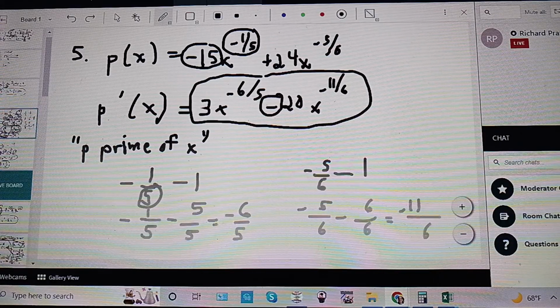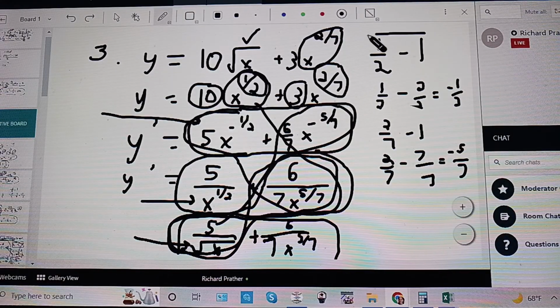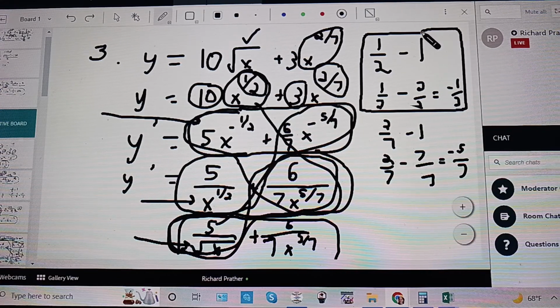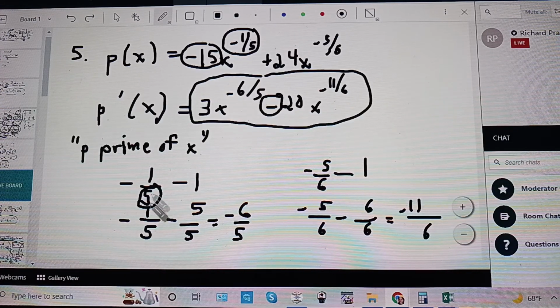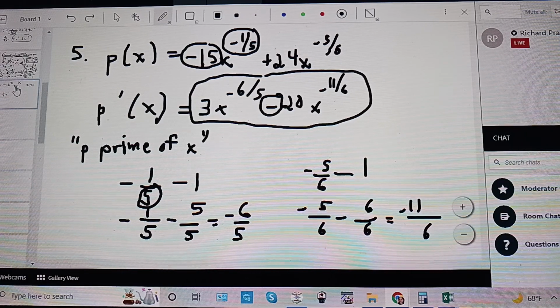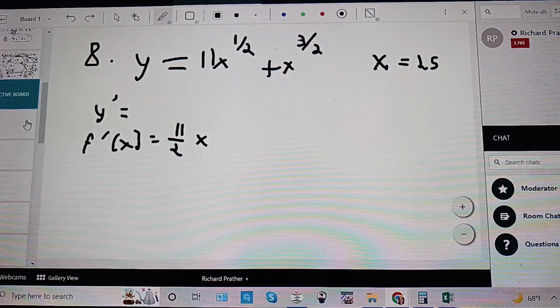It was here. 1/2 minus 1, that was -1/2. So you'll probably remember that one soon because it happens a lot. It's very common to have a 1/2 exponent, and anytime you minus 1, it just goes to -1/2. These other ones you probably will have to do slower if you get like 1/5 or 5/6 or 5/7 or 6/7. But 1/2, it just goes to -1/2.